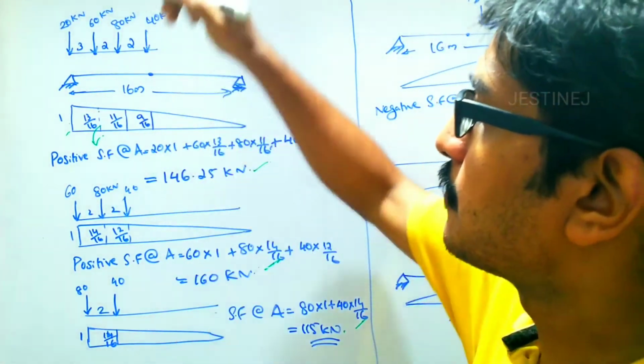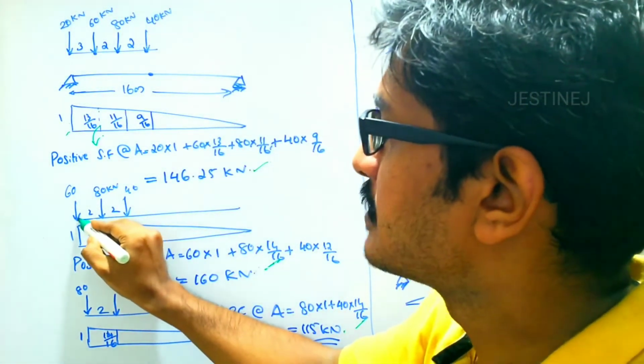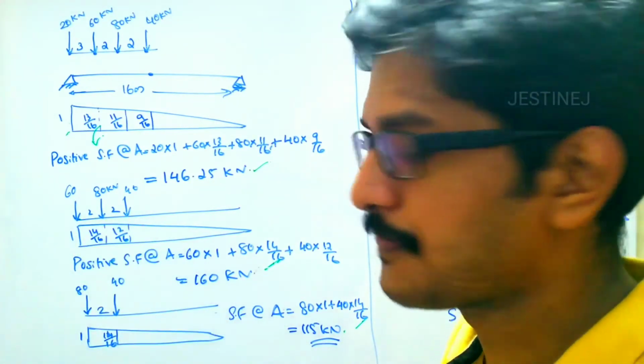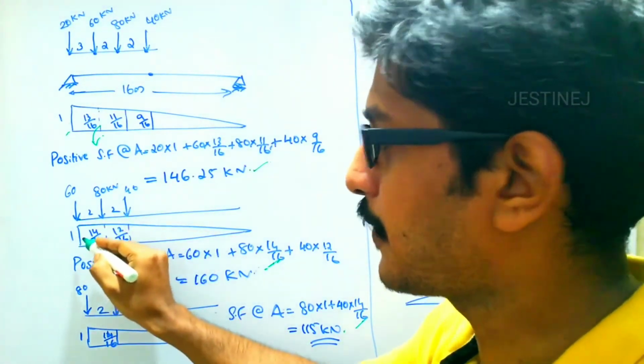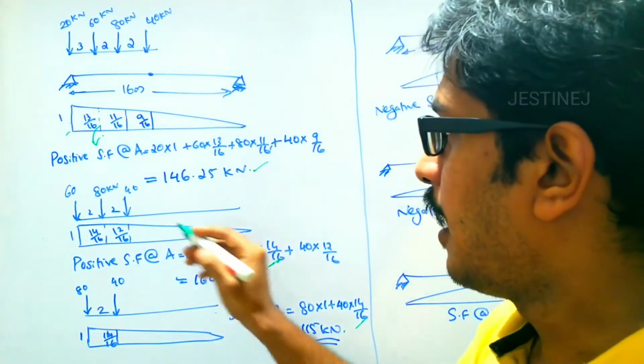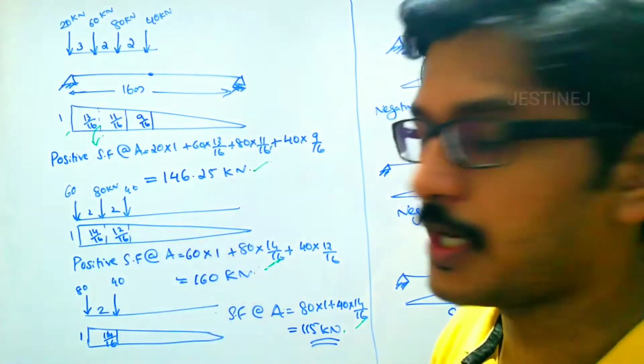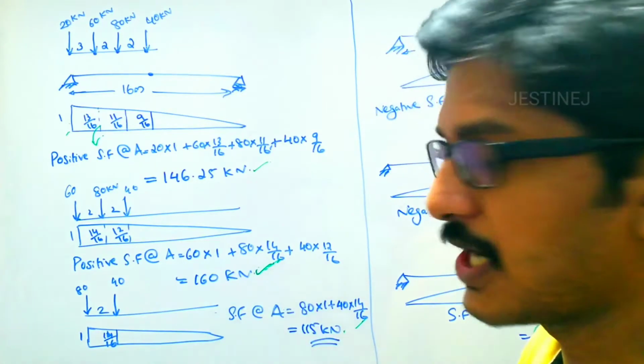Then you have to place the 60 kilonewton over the point A. Calculate the ordinates correspondingly and multiply by the corresponding loads, and finally you will get 160 kilonewton.